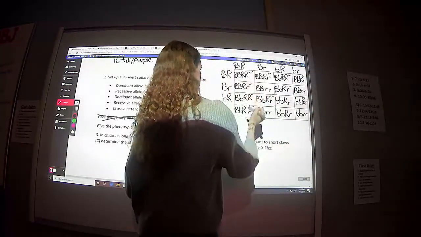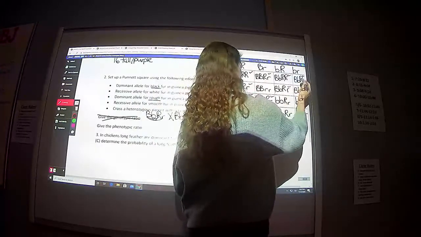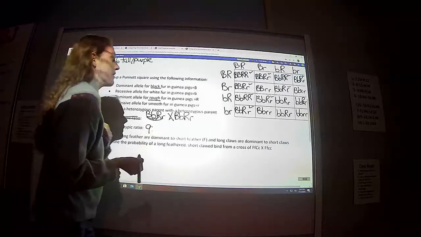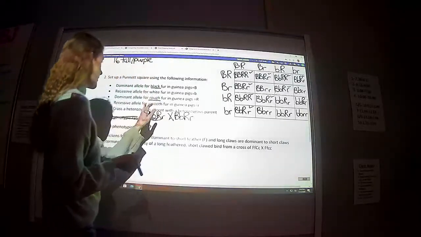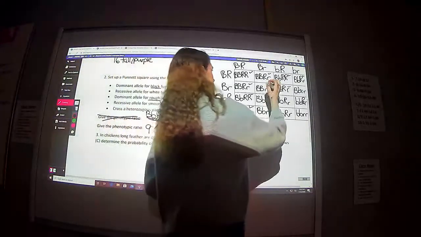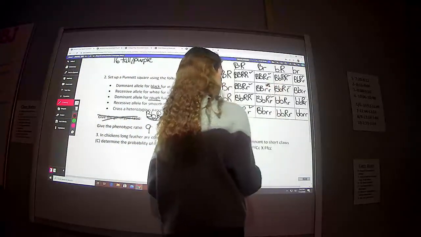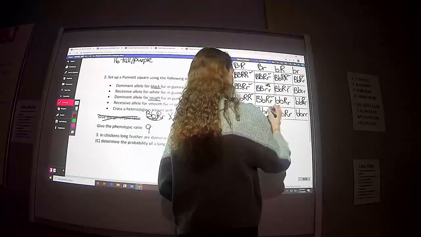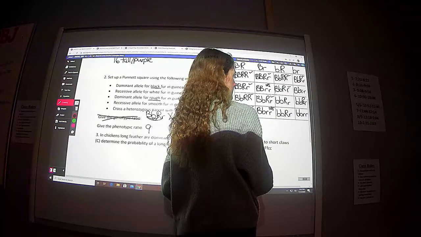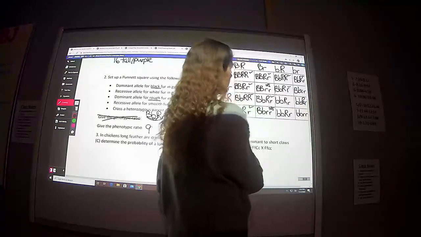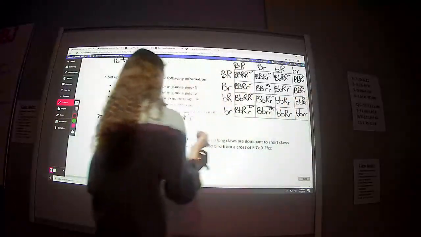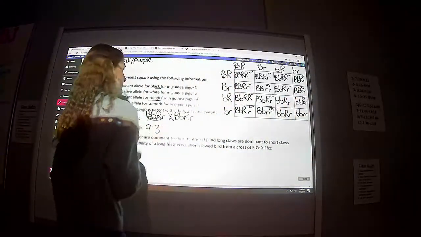That's 1, 2, 3, 4, 5, 6, 7, 8, 9. And now we're looking for black fur color and smooth fur. So that would be that one, and this one. 3.